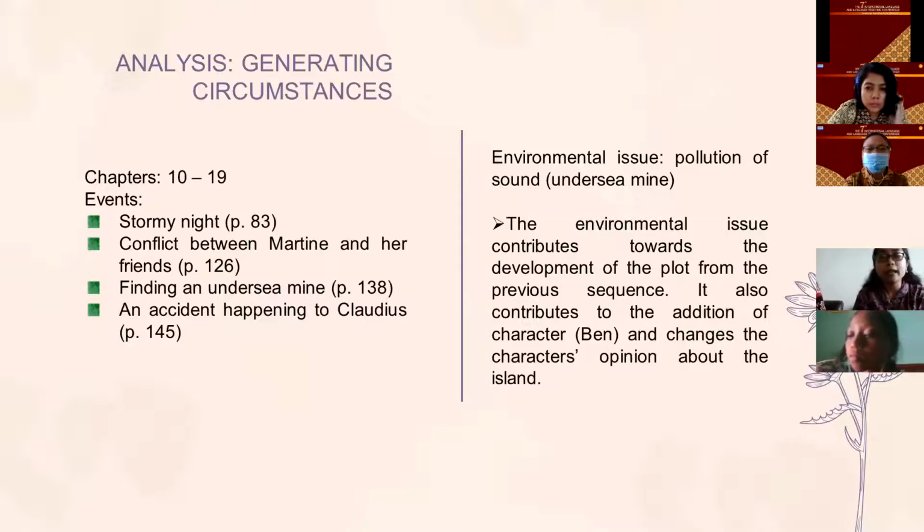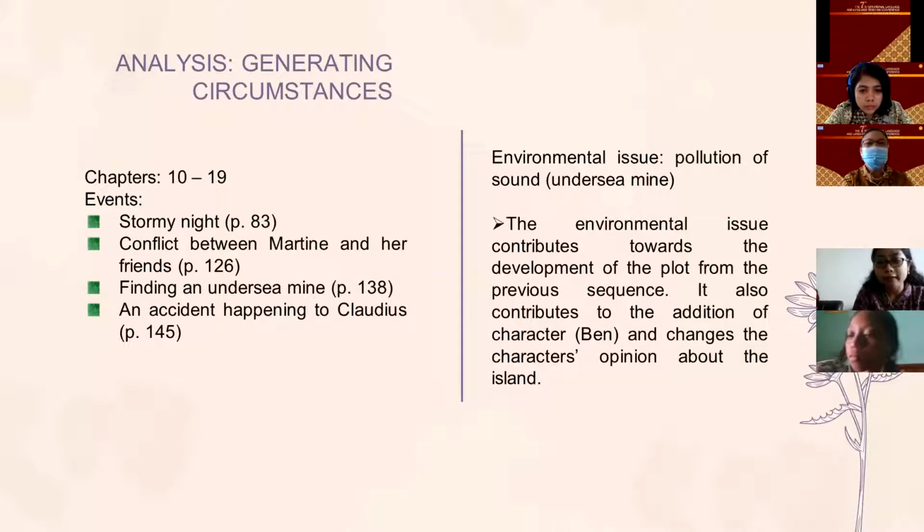And we know that undersea mine, or we usually know this as a bomb, is dangerous for the environment in the ocean because if it detonates in the wrong place, then it can destroy the environment there, and it can lead to extinction.